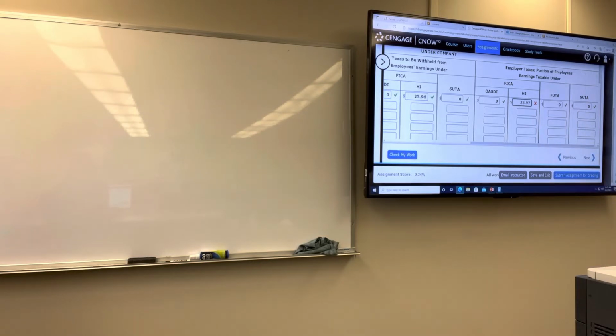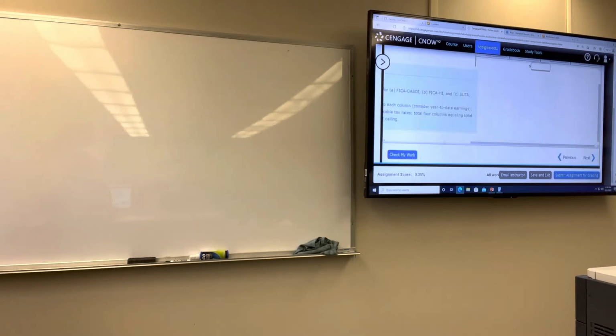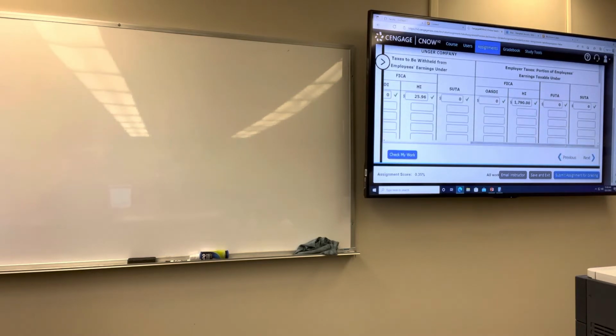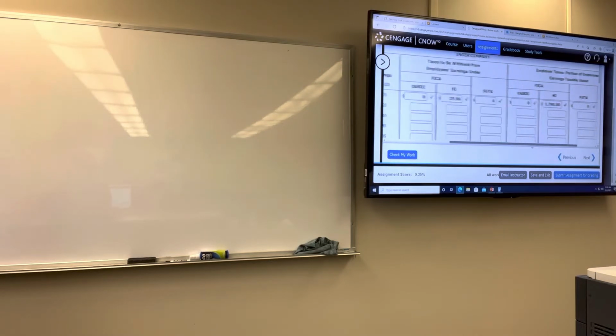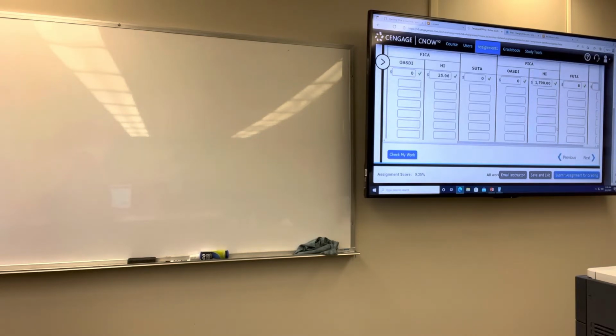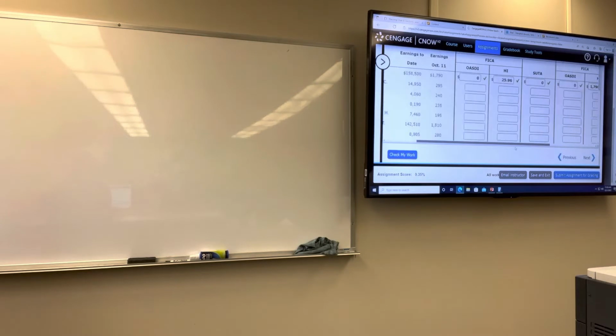Okay, they're not asking for the tax. They're asking for the amount that's taxable. That would explain it. So under this column, it's the amount to be withheld, and then the second column, it's the portion that is taxable. So they're looking for two different things. Thank you. There we go. That's a little confusing, isn't it, when they're asking for the two different things, you think they're asking for the employer's contribution amount. All right. There you go, Shelby.